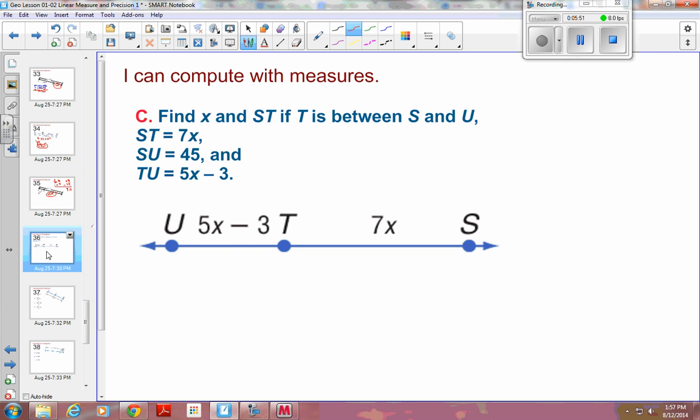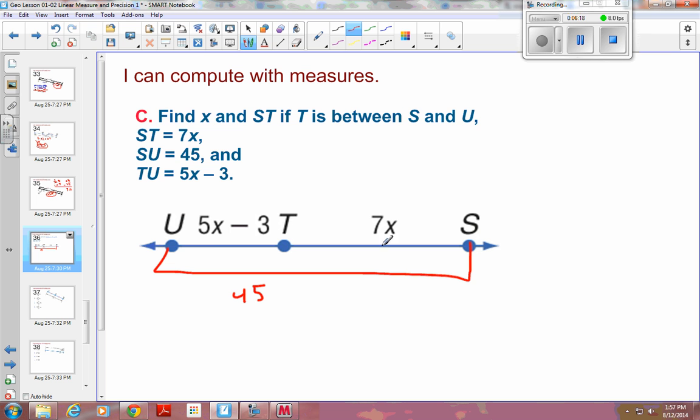The only thing we're doing is adding and subtracting. We get a little bit more difficult here. It looks way confusing, but these are super easy. Again, U to T plus T to S should be equal to U all the way to S. So we know that ST is 7x, we've got that piece, good. S all the way over to U is 45.